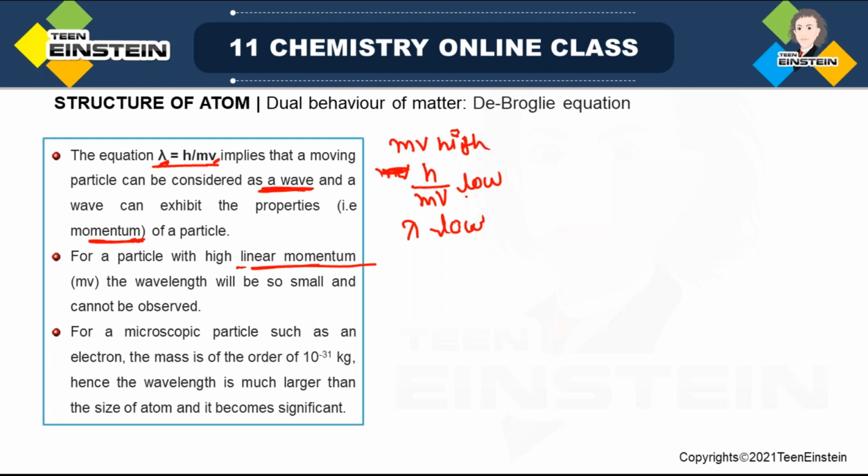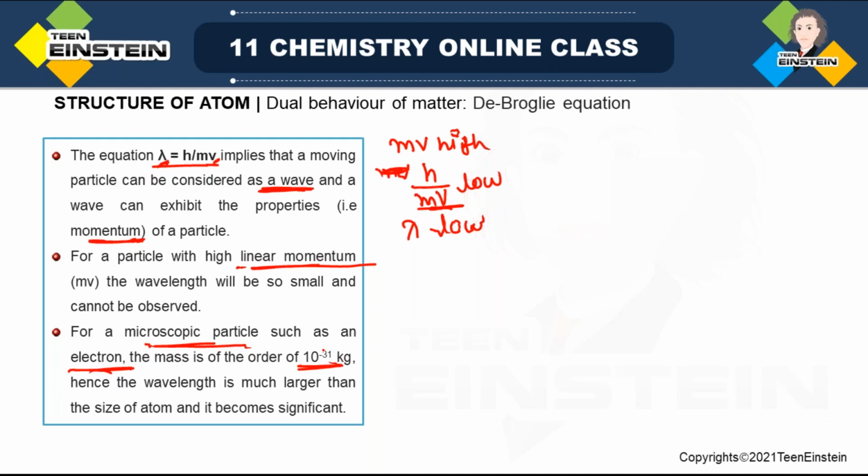Now mostly in this term m and v, you will see that v obviously differs, but mostly it is the m value which matters most, because when you are considering any microscopic particle, just take the example of an electron, we know that it has a mass of this order.